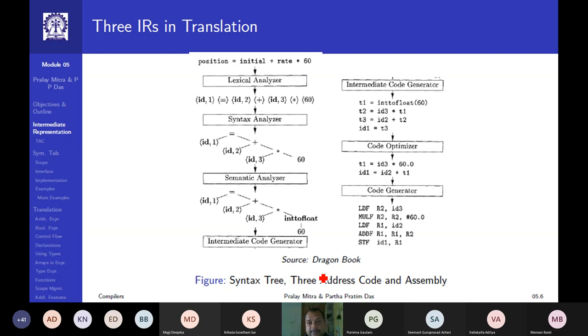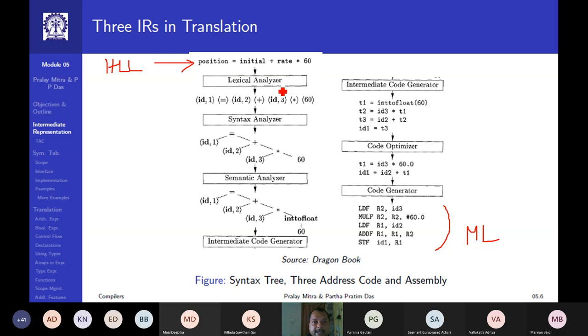You remember this figure from our first class, taken from the Dragon book. It's a very simple expression evaluation starting from the source program expression, and finally reaching the machine language. You can consider this is high level language and this is machine language. To demonstrate in which stage the IR stands: this is my source.